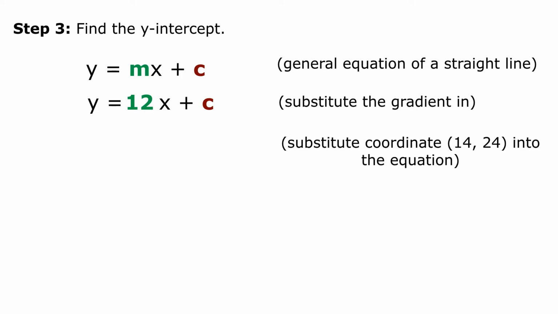The next thing I'm going to do is substitute one of the coordinate points, and I've chosen the coordinate 14, 24. So remember, the value of 14 is my x coordinate, and my 24 is my y coordinate. We always write the coordinates x, y. So I'm going to write down everything except for the x and y, and I'm going to replace the y with the value of 24 and replace x with the value of 14.